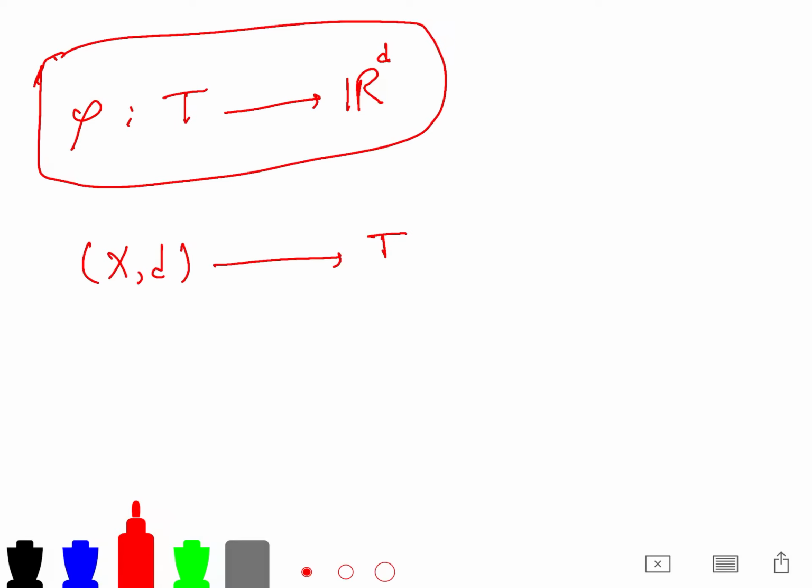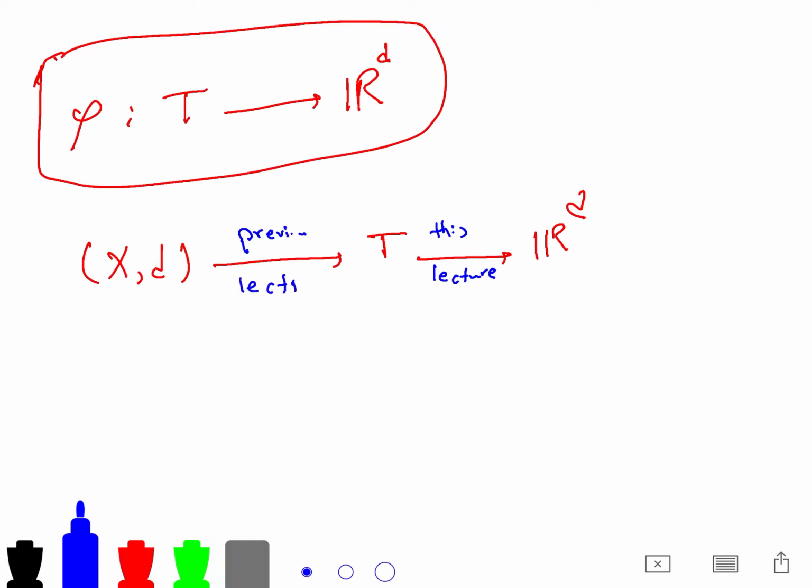And now that you have a tree or a bunch of trees, you can embed it into Euclidean space. In the previous lecture, I embedded your very general metric space into a distribution over trees.